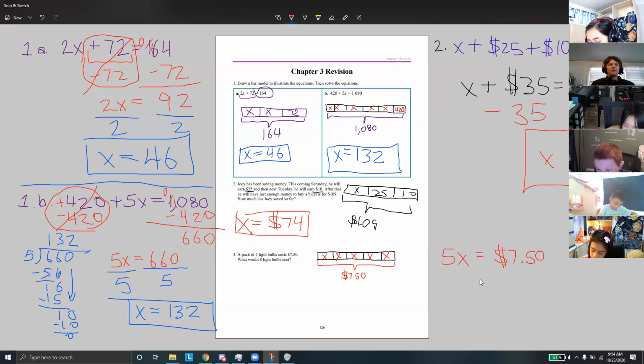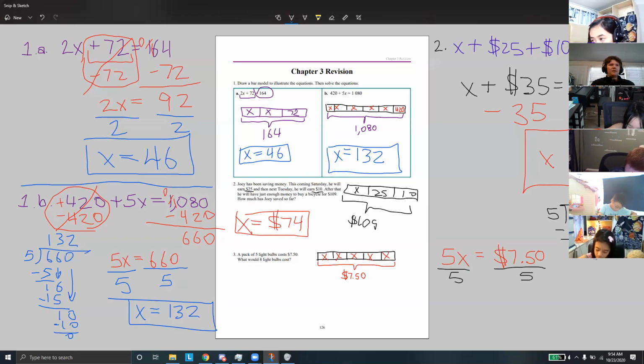And so in order to solve for this, we want to get the x alone. So the opposite of times 5 is divided by 5. So we're going to divide both by 5. And when we are dividing a decimal, we don't have any special rules, right? 5 goes into 7 once. 7 minus 5, 2.